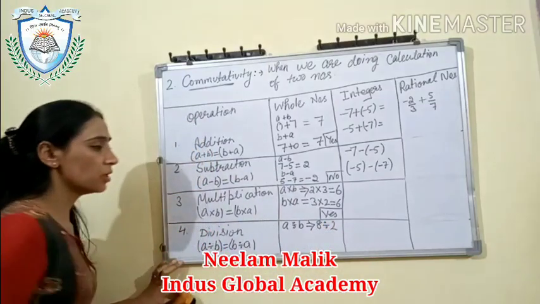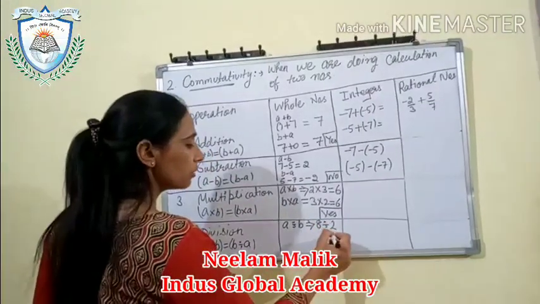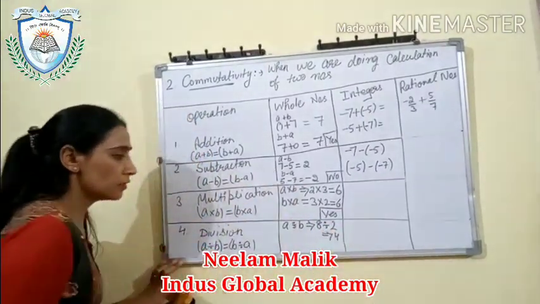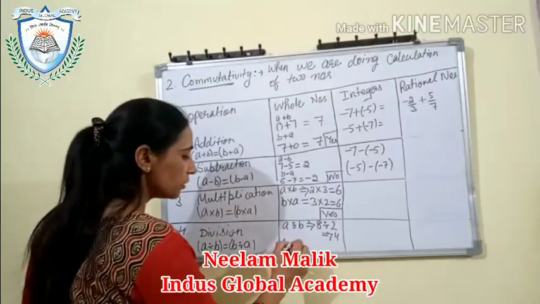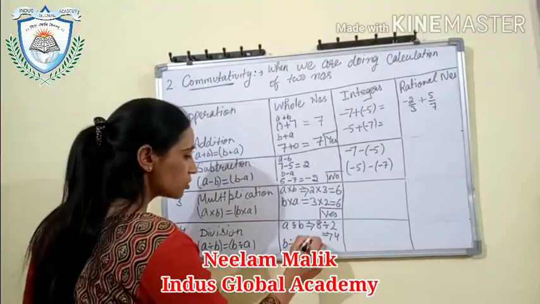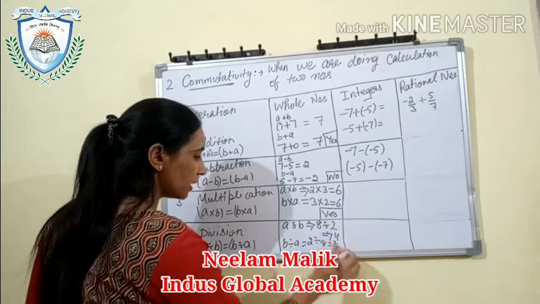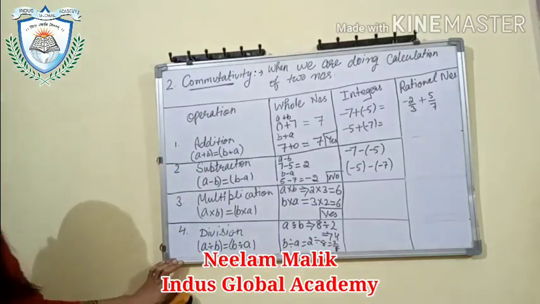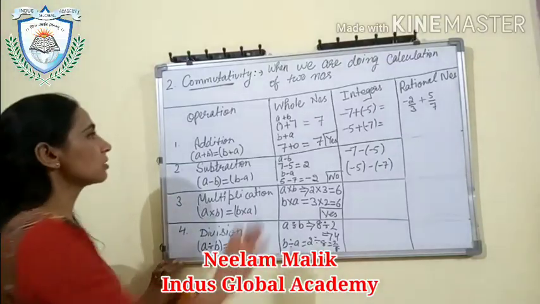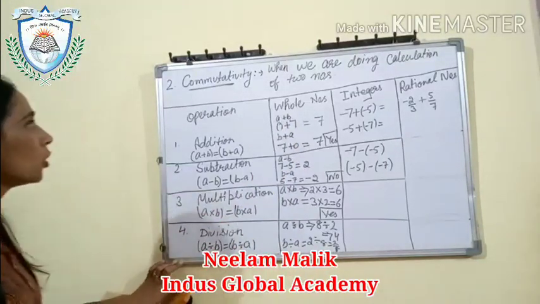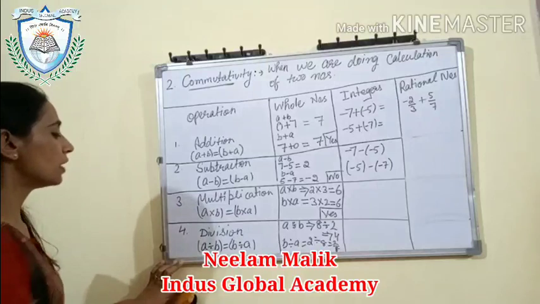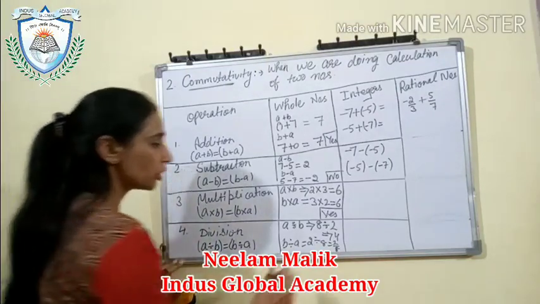So what will it be? It will be 4. Now the reverse of this, b divided by a, that means 2 divided by 8, that will be 2 upon 8. They are not the same. So that means whole numbers are not commutative under division.